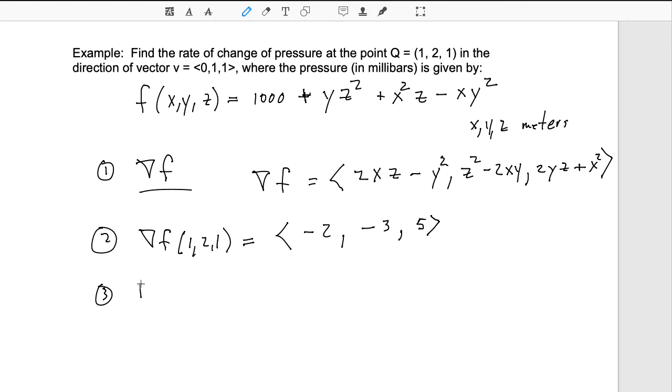So the directional derivative in the direction of the given v of the gradient at (1, 2, 1) is just going to be this vector dotted with v.